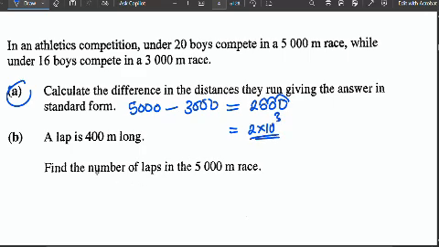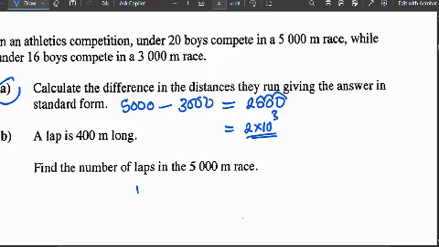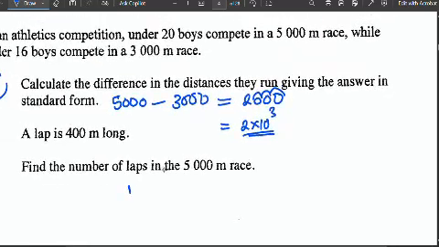That's it. Then a lap is 400 meters. Find the number of laps in the 5,000 meter race. So it's just a simple proportion. When we say 1 lap is equal to 400 meters, find the number of laps in the 5,000 meter race.